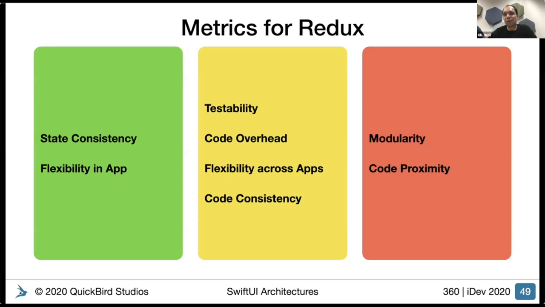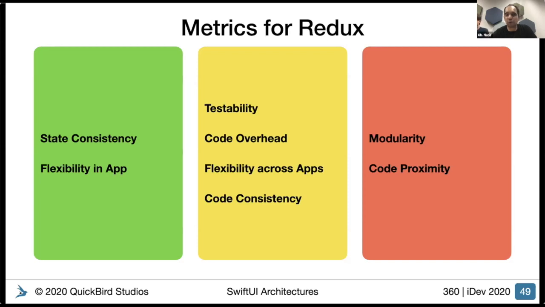The code overhead is, of course, that you have to write all the reducers and store and everything else. So there is at least some code overhead involved, or maybe a lot, depending on the type of application. If it's just a two-screen application, the code overhead is very much, but for large applications, these two or three extra files or a few hundred lines of code is not a big deal.